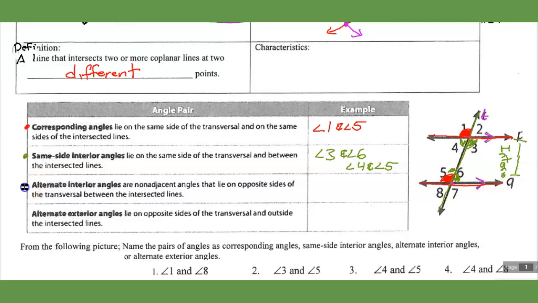All right. Then we have alternate interior angles. This is similar to the same side, but on alternating sides of the transversal. So, for instance, angle 5 is still interior, and then the alternate side, or other side, would be angle 3.